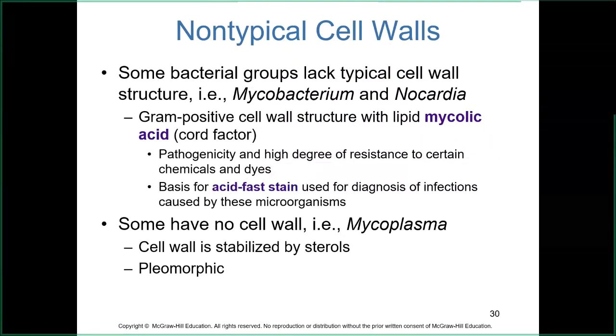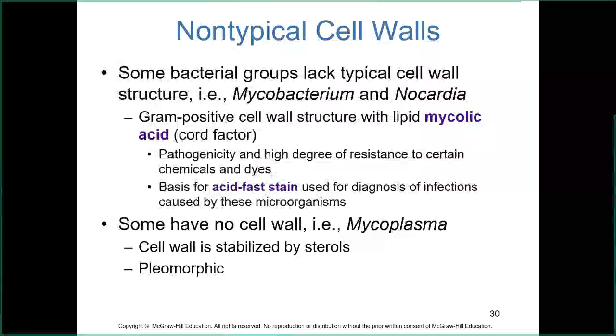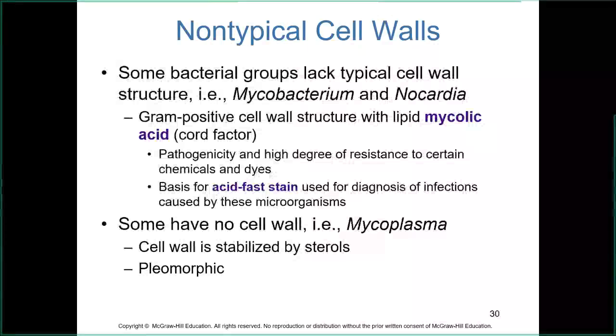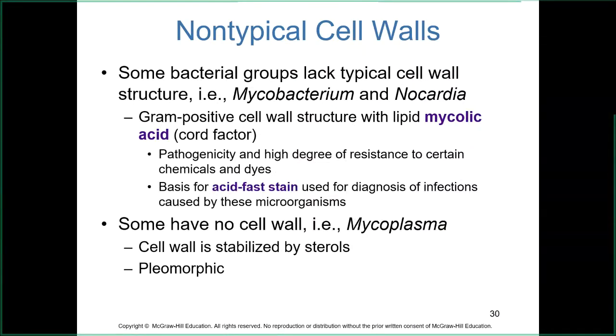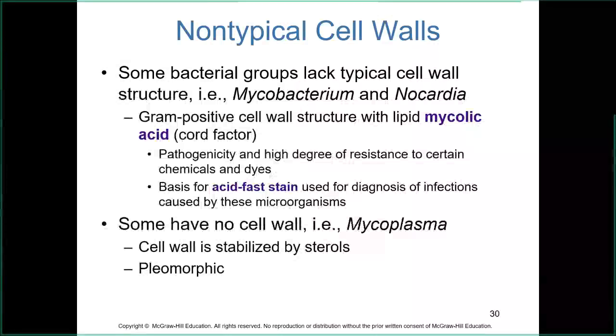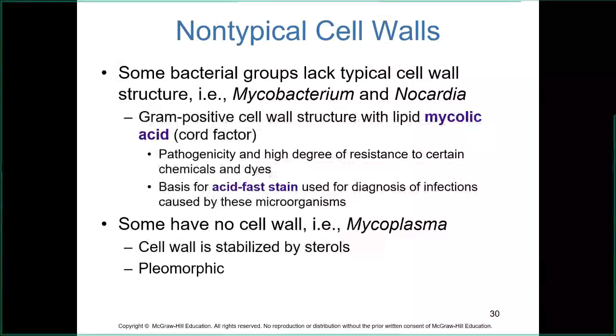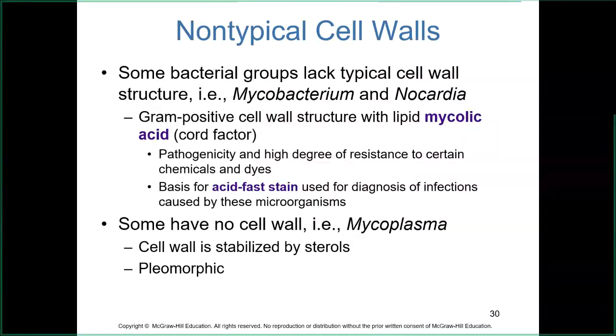And then we have the forms such as the mycoplasmas, which are pleomorphic because they don't really have cell walls like most other bacteria. There's a few other forms similar to mycoplasma whose cell walls are largely just sterols, so cholesterol is the main one of those. And this stuff is not terribly rigid and doesn't give a definite sort of shape, but the shapes are highly variable.